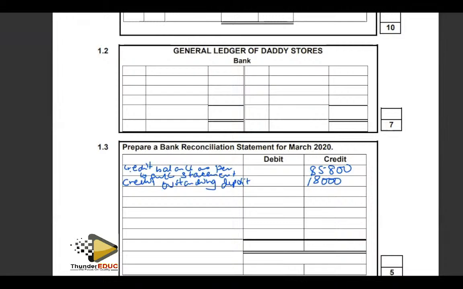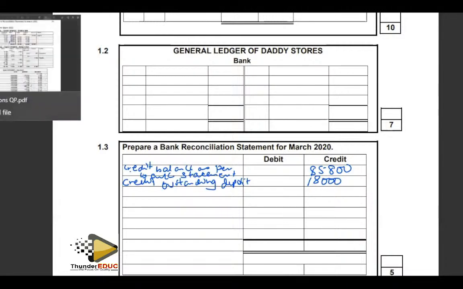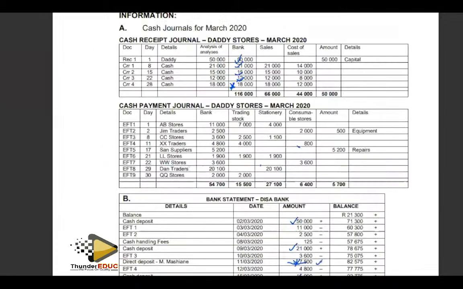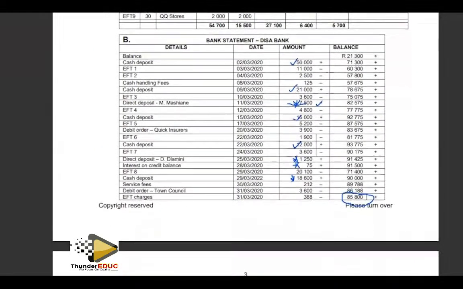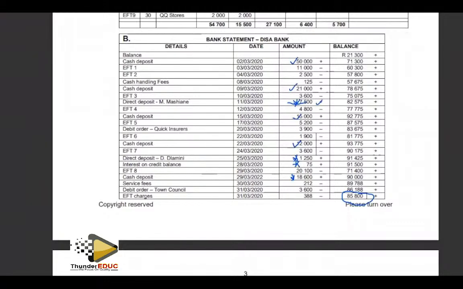Now we have to look for an amount they talked about. You see this amount? The 18,600, they talked about it, okay? By the way, I never ticked off this. We finished it, even this one, we finished it. We don't need to do that, but there is this one, 18,600, we have to deal with it.